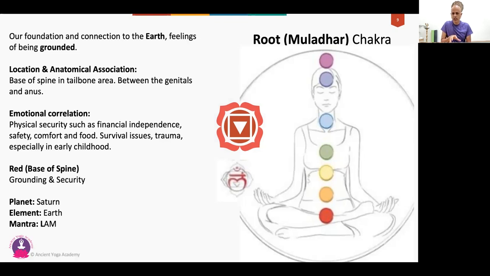In that moment, the genital area also goes up and tightens, holding up. So that is also called Mula Bandha, and this is where the Muladhara chakra resides, and that is the area where the energy is conserved.